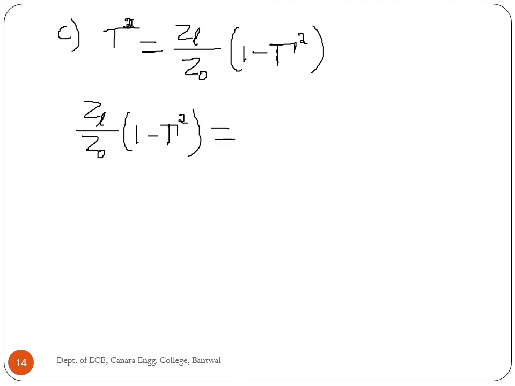Substitute the values. ZL and Z0 are given. Gamma we got by the equation ZL minus Z0 divided by ZL plus Z0. Therefore, ZL is 70 plus j50 divided by Z0, which is 75 plus j0.01.